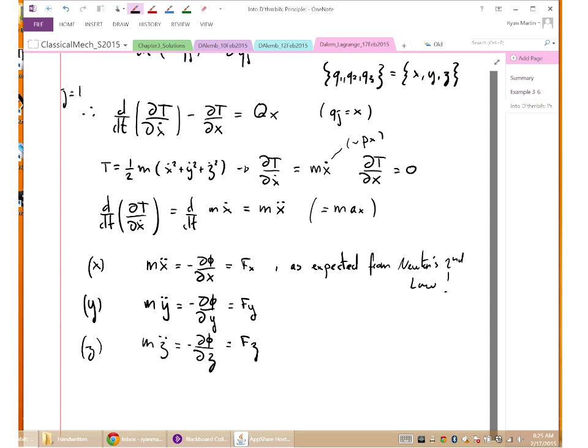On Thursday in the assignment in the tutorial, you'll get to apply this a couple more times. So the general theme here is that you need to identify the number of degrees of freedom, and then you need to write out the kinetic energy in terms of those degrees of freedom, and then you need to write out the generalized force in terms of those degrees of freedom. And then you can plug everything into the equation and hopefully get the correct equations of motion.